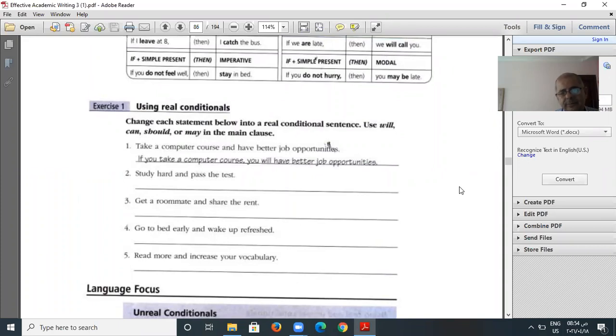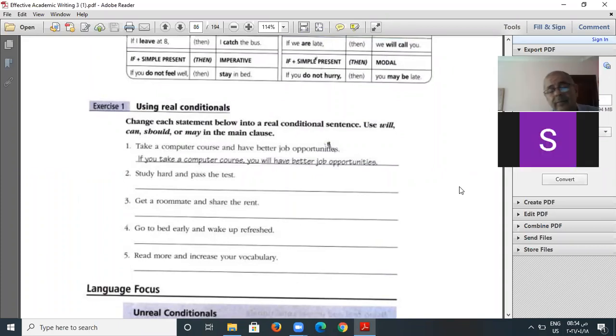If you go to bed early, you will wake up refreshed. So if you go to bed early, you will wake up refreshed. Here we start with if. How do we use the main clause first? We start with the main clause first. What's the main clause here?